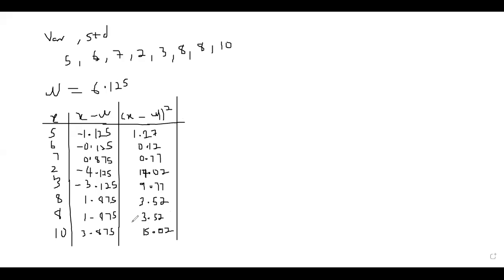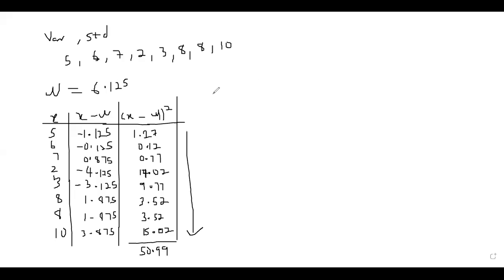Okay. Very good. So then the next stage is to sum everything up. What do we have? 50.99. So we have our formula.